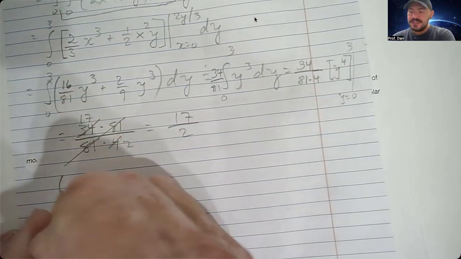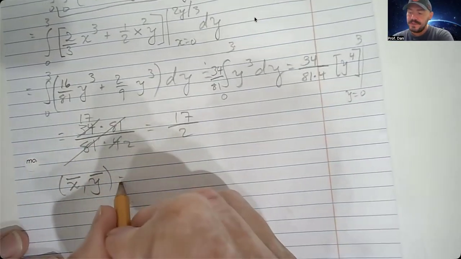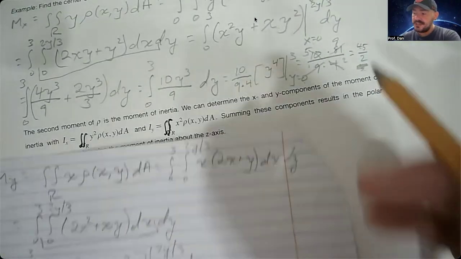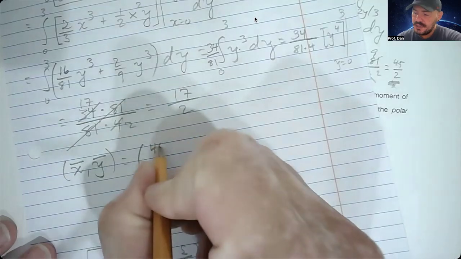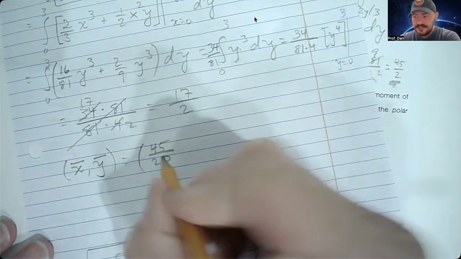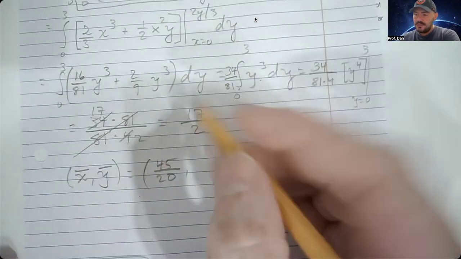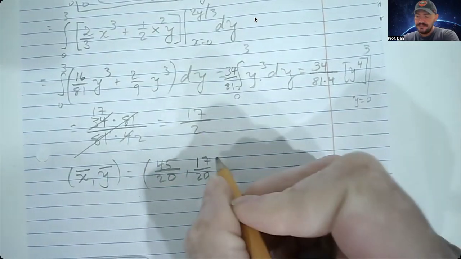So if I want to find my center of mass, which we notate as x bar, y bar, I basically have to take my moment along the x-axis, which was 45 halves, divide that by 10, which means, in other words, I multiply the denominator by 10. So 45 over 20. Then I do the same with the moment along the y-axis. I get 17 over 20.